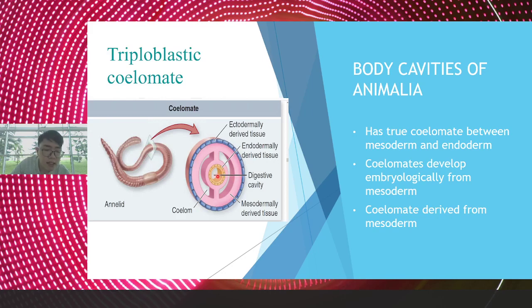The middle one is the digestive cavity. This is the coelom. So the triploblastic coelomate has a coelom here, and the coelom develops embryologically from mesoderm. So the coelom is derived from mesoderm. Maybe you can see clearly there are the coeloms.